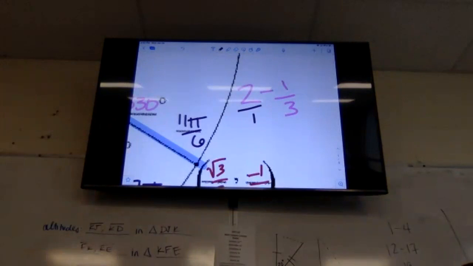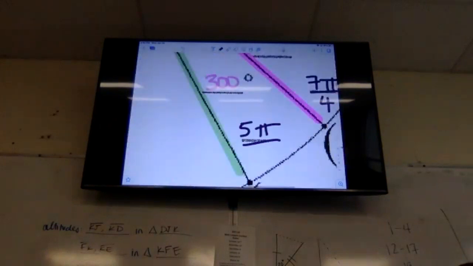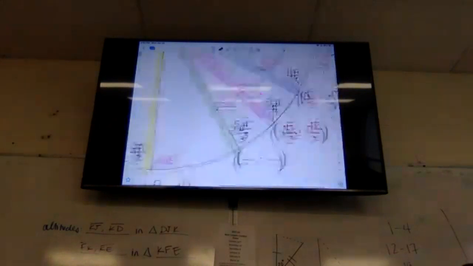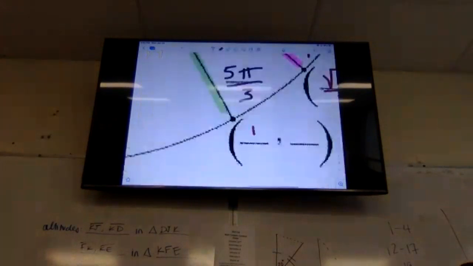So remember, this is like 2 over 1, so you got to make them have like denominators. 6 over 3 minus 1 over 3 is going to be 5 over 3. And my ordered pair is the same, except my y is the negative this time. So positive 1/2, negative √3/2.